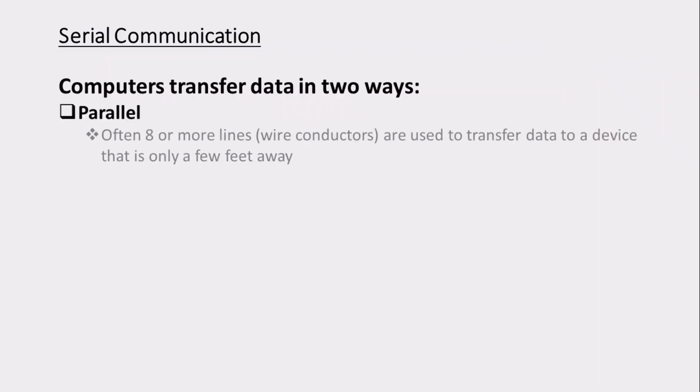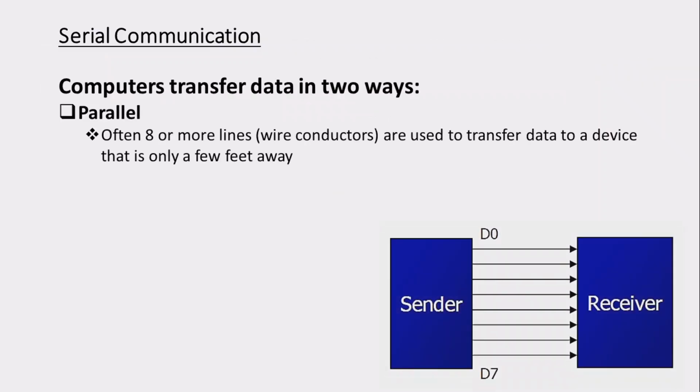Now, let us see what is a communication. So when it comes to communication in terms of any computer architecture, there are basically two different types. One is parallel and then one more is serial. Now if you look at the parallel communication configuration, often 8 or more lines are used in order to transfer the data from one end to the other end.